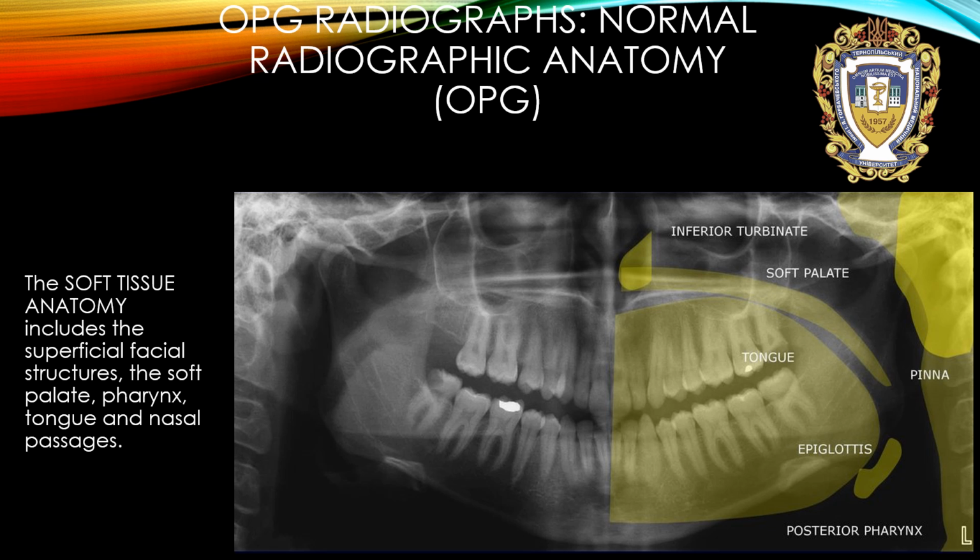The soft tissue anatomy includes the superficial facial structures, the soft palate, pharynx, tongue, and nasal passages.